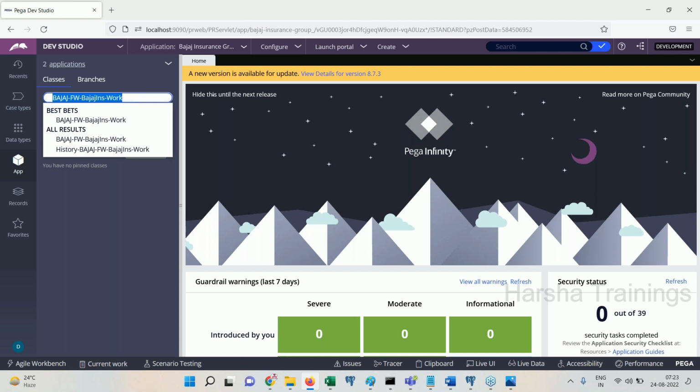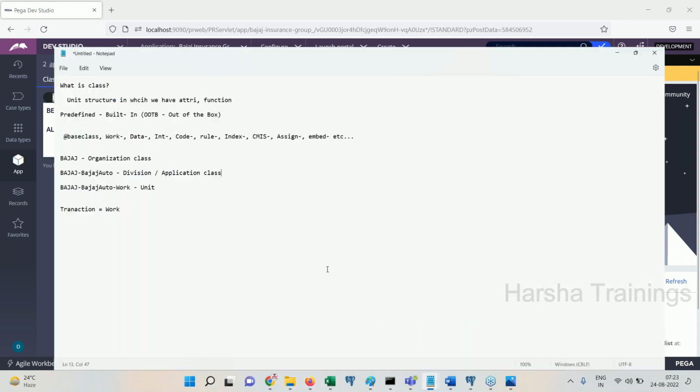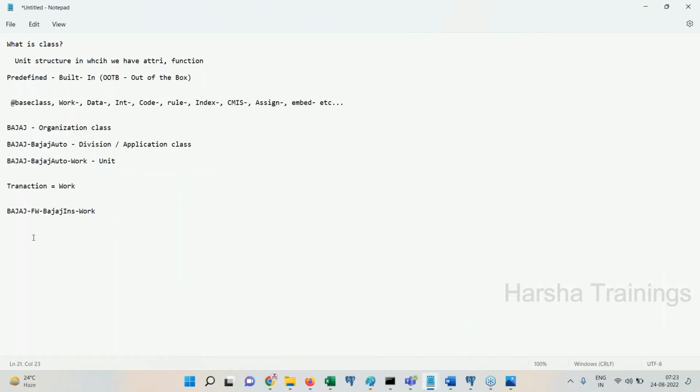There is one additional class in the case of framework. What is the name of the additional class? FW stands for framework. See, it is very simple. Whenever you look at these classes, you should be able to say whether it is related to framework or implementation. If FW is there in the class, that means it is related to framework. If FW is not there, it is related to implementation.